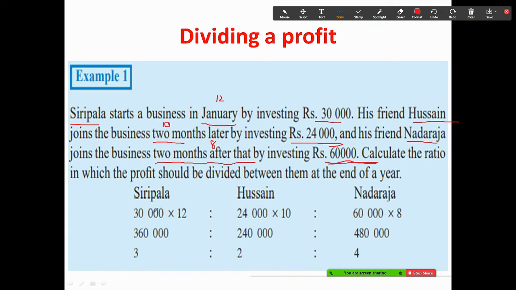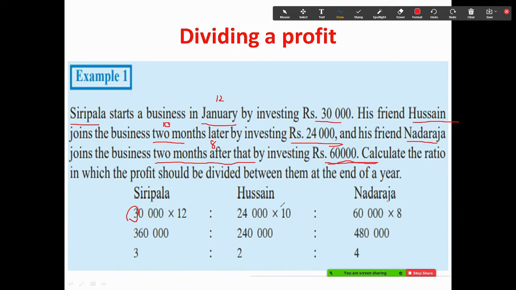Now how to simplify? Here there are 4 zeros: 1, 2, 3, 4 zeros. So put 4 zeros. After writing 4 zeros, here only 3 remains. Here 12 remains. 12 into 3, 36. So 360,000. Here how to simplify this? 1, 2, 3, 4 zeros.